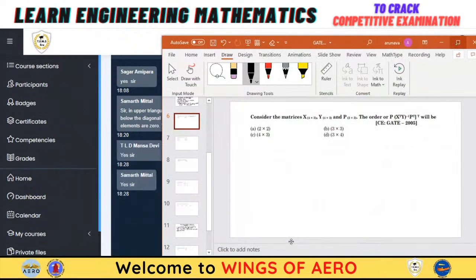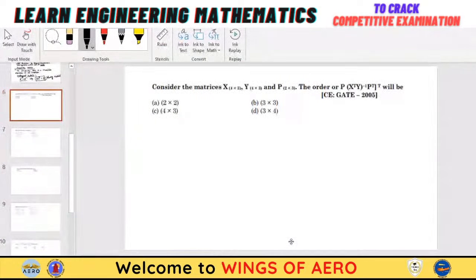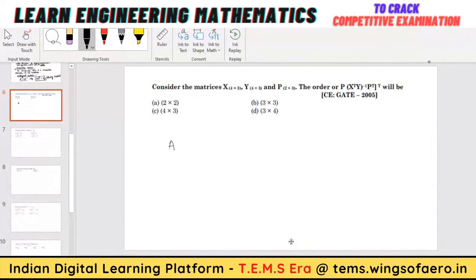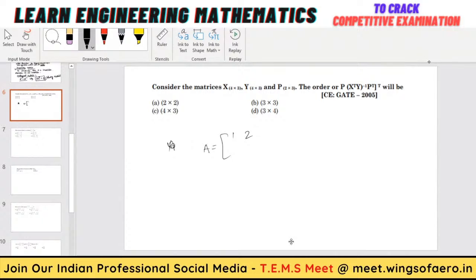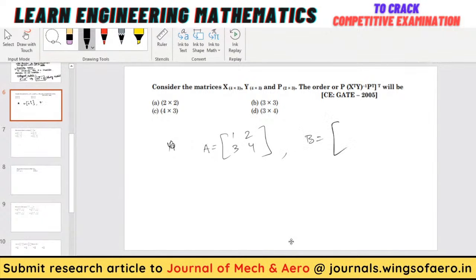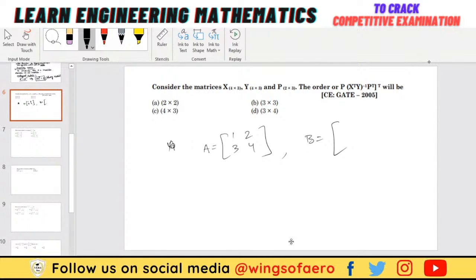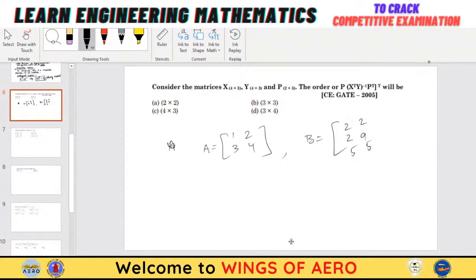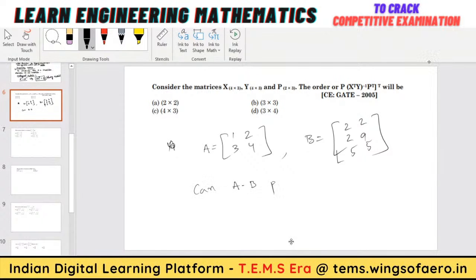Then tell me one problem. Suppose I am giving a matrix A equal to 1, 2, 3, 4, and a matrix B. Can A cross B, or A into B, be possible?